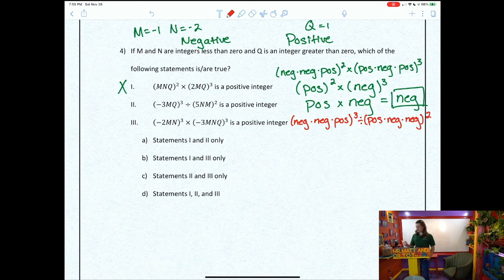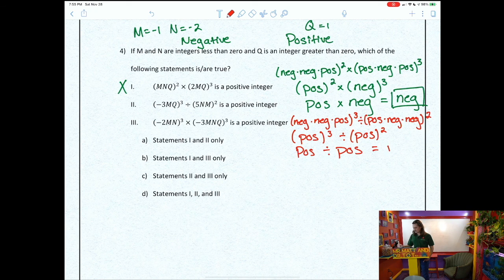That positive times a positive will still be positive. So this is going to be a positive cubed divided by a positive times a negative will be negative, but that negative times another negative will turn positive. So that's going to be a positive squared. A positive cubed is positive. A positive squared is positive, so this is going to be a positive answer. So statement number 2 is true.